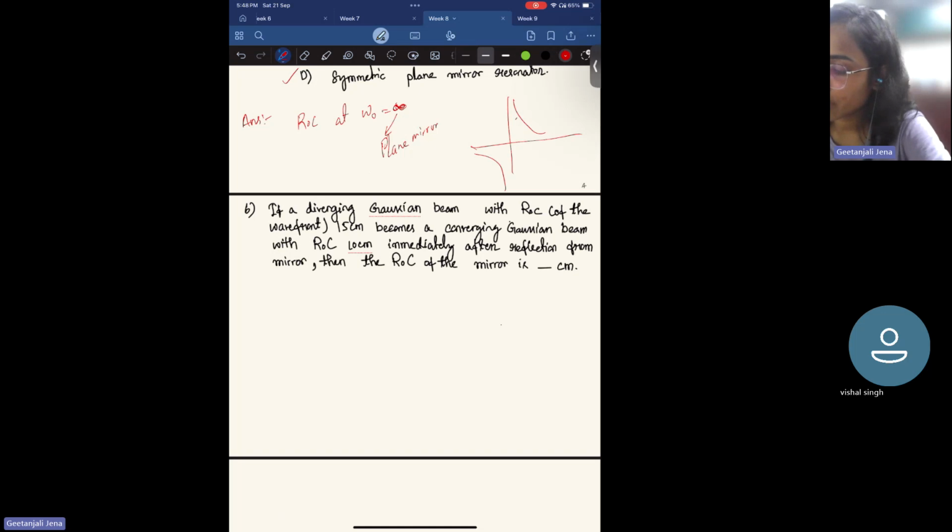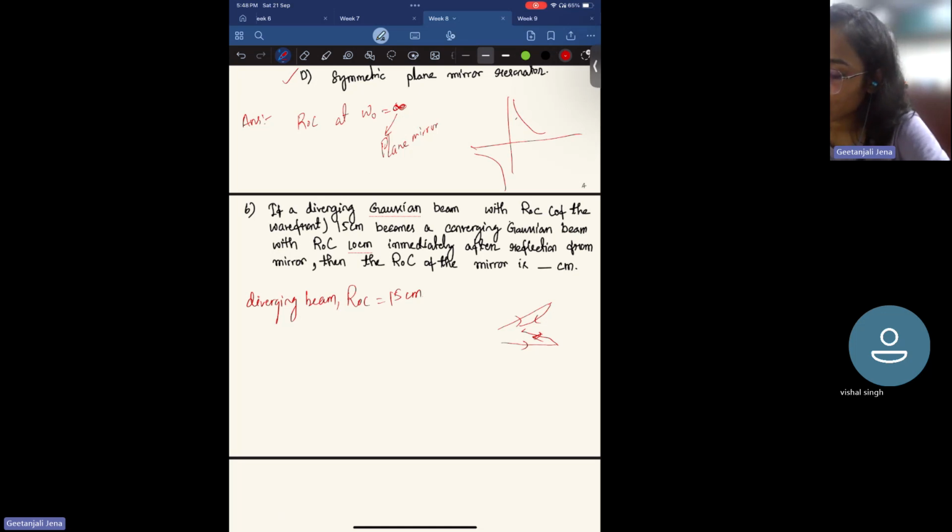So initially we have a diverging beam, but after going through a mirror, it converges back. Initially we have a diverging beam with ROC 15 centimeter, and it becomes a converging Gaussian beam with ROC equal to 10 centimeter.